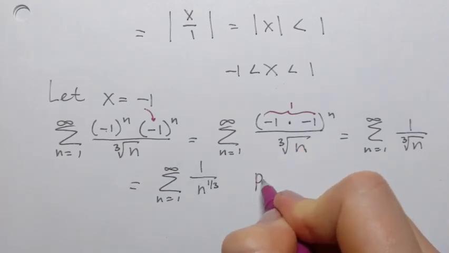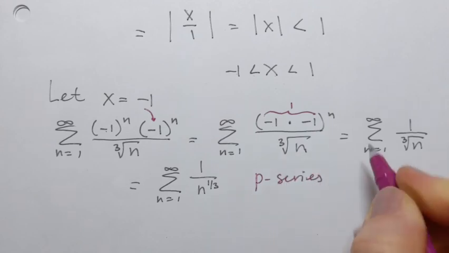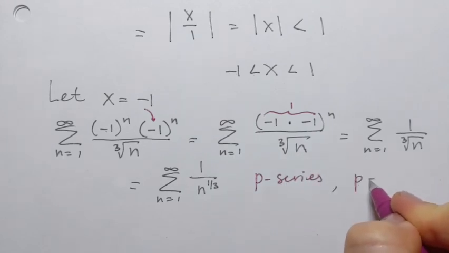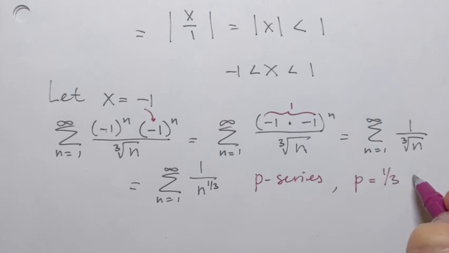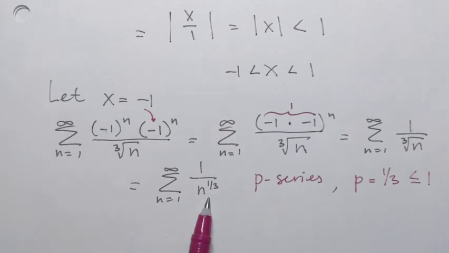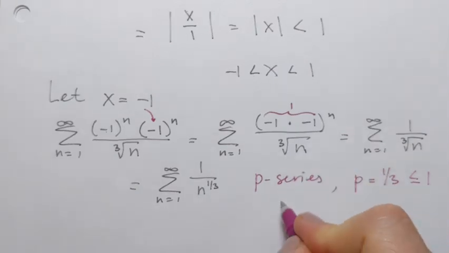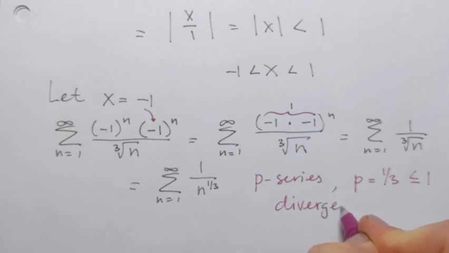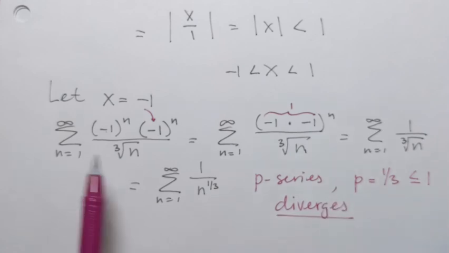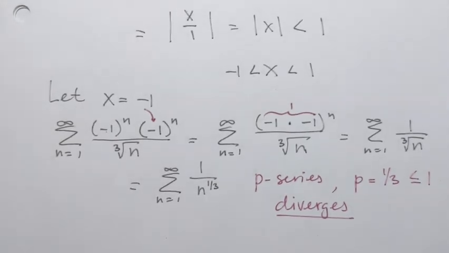So that's a p-series with the power being equal to 1/3, which is less than or equal to 1. And according to the p-series test, it means that the series diverges. So at x equals -1, the original series diverges.